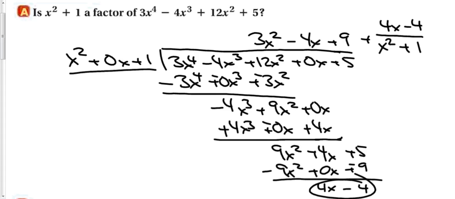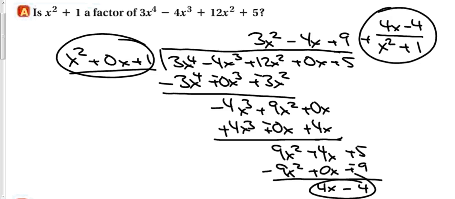The answer is no, because I have a remainder. And then, of course, if I wanted to get back to my original equation, I could take my divisor times my quotient, add in 4x minus 4, and that would give me my original equation again.